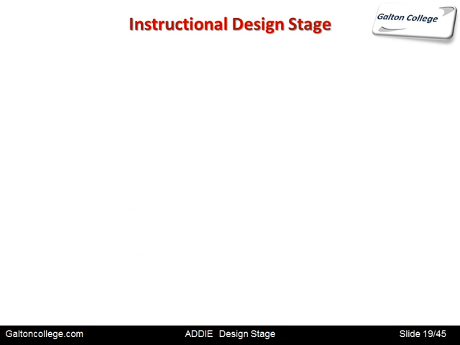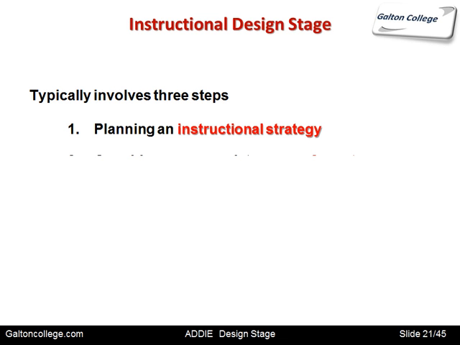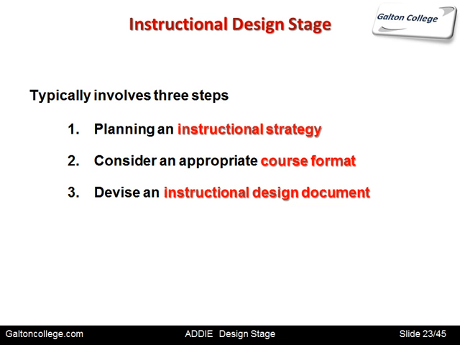Now let's look at the instructional design stage. Typically this involves 3 steps: planning an instructional design phase, consider an appropriate course format, and devise an instructional design document. So in the design stage we have really 3 parts, 3 big parts.